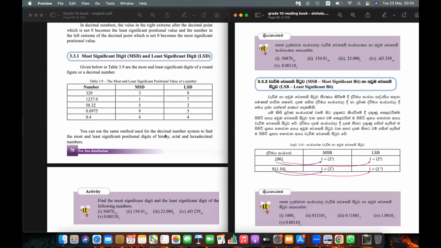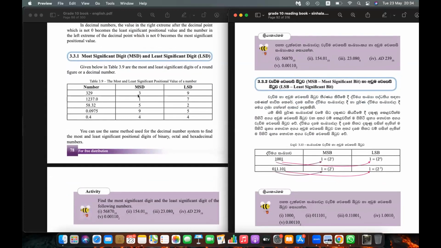The most significant and least significant digit we discussed, LSD, the least significant digit. The least significant goes to the right, the most significant goes to the left. 3 is the most significant.